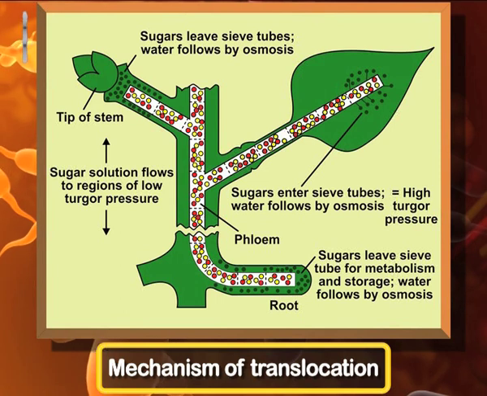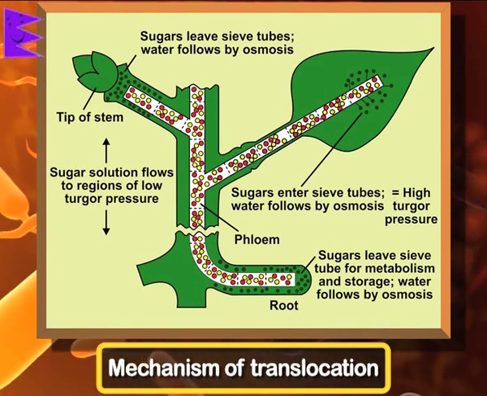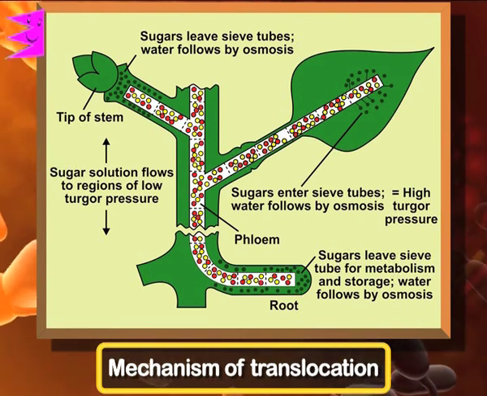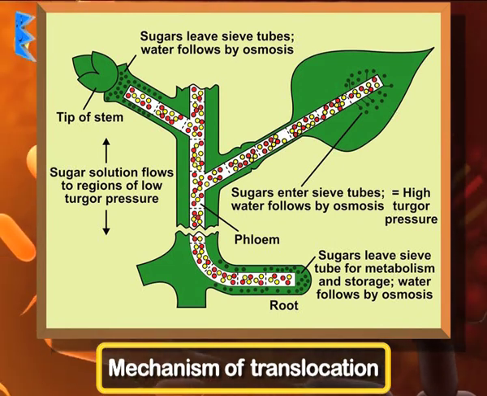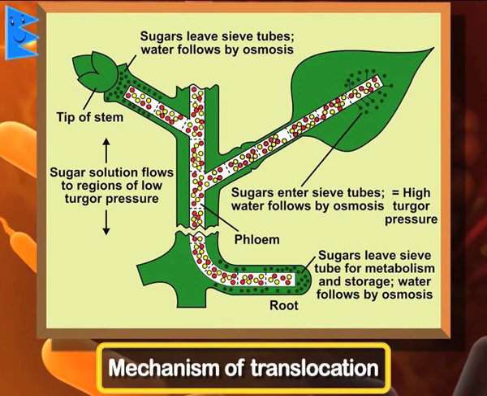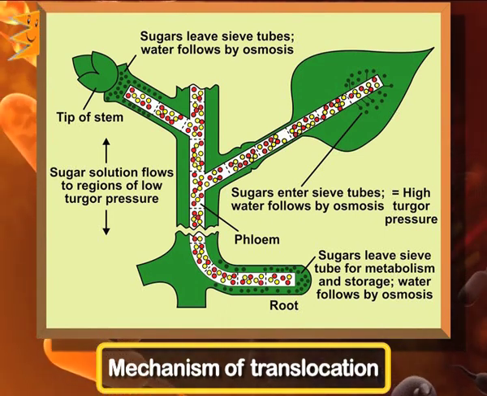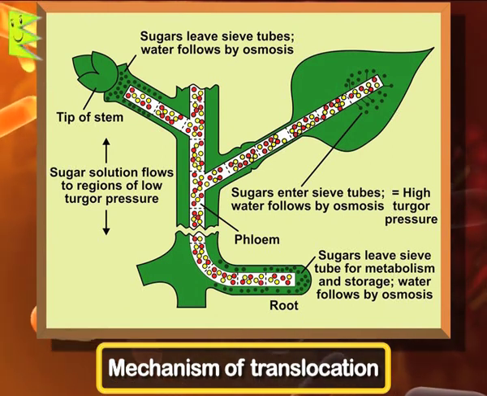Now you can see at the root, sugar leaves the sieve tube for metabolism or to go to storage sites, and at the tip of the stem here also sugar is leaving the sieve tubes.